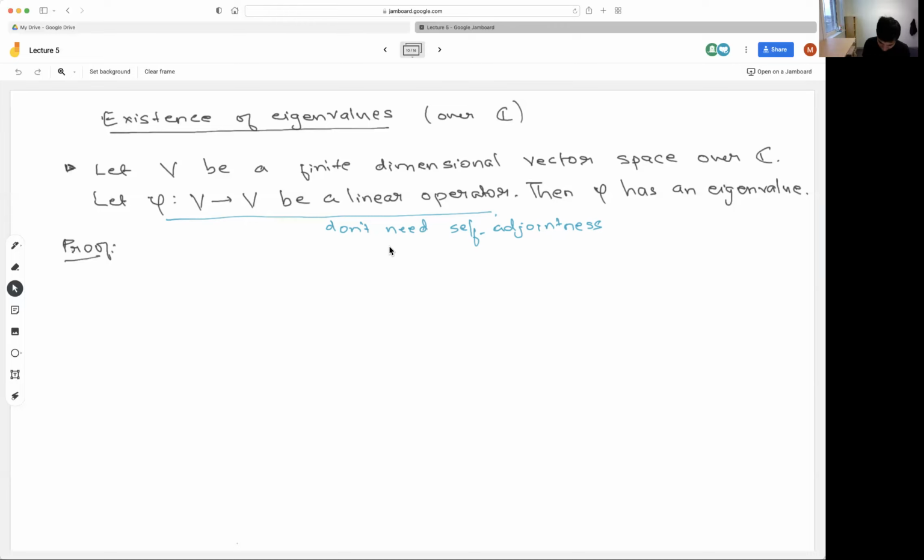And here we'll really just apply the statement about polynomials that we just saw. So let's say we start with any non-zero vector.